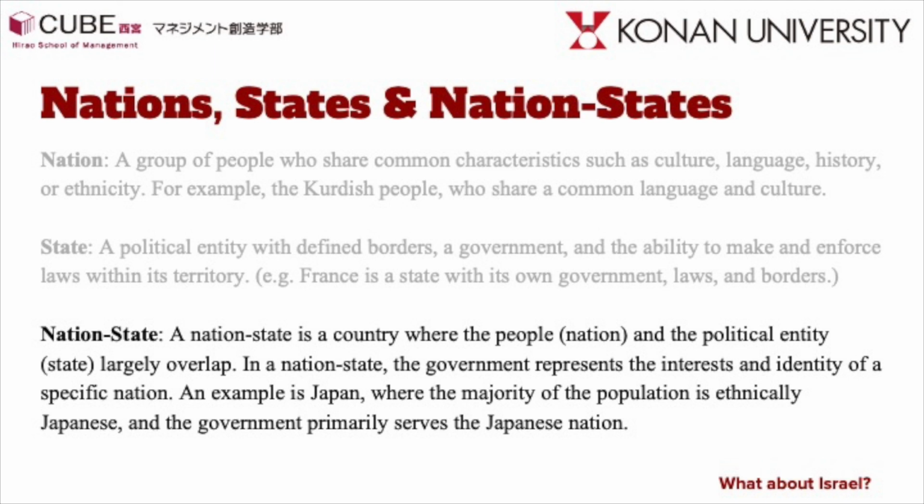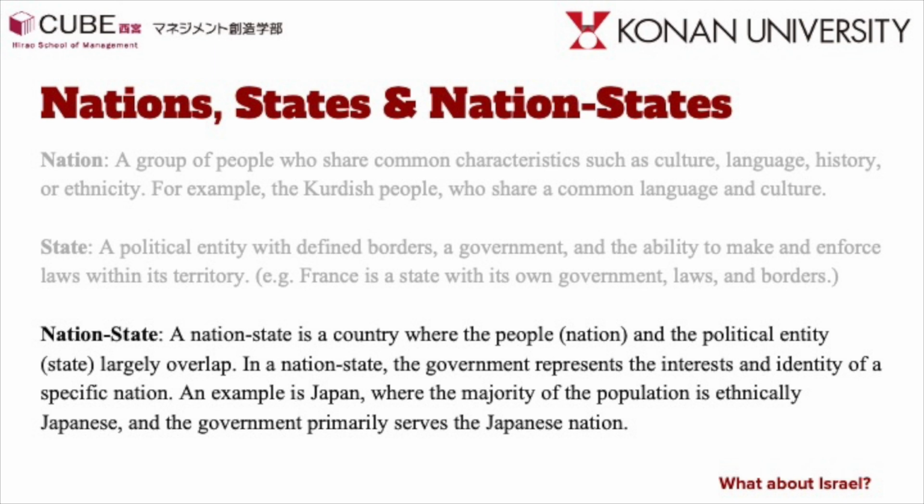A nation state is a country where the people, or the nation, and the political entity, or state, largely overlap. In a nation state, the government represents the interests and identity of a specific nation. Japan is often given as the big example.